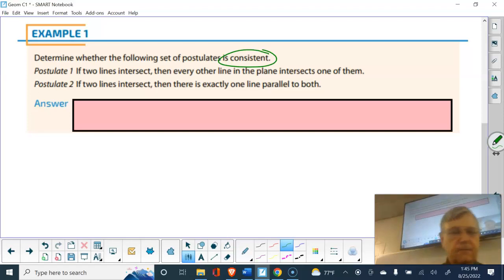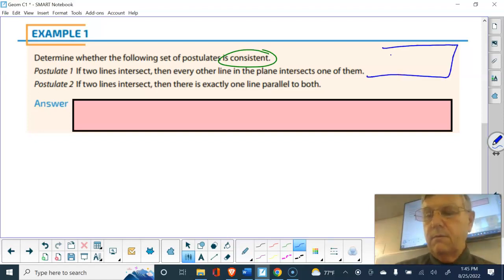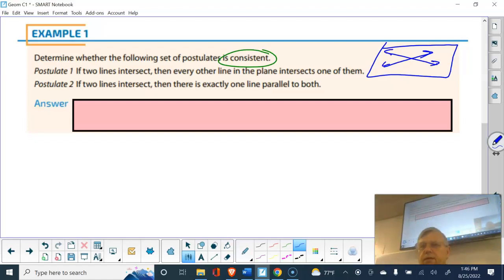So we got to look and see, do these contradict each other? Postulate 1: if 2 lines intersect, then every other line in the plane intersects one of them. When you do stuff like this, it helps if you can draw a mental picture or draw an actual picture. So we got a plane, and it says if 2 lines intersect, then every other possible line in the plane intersects one of them.